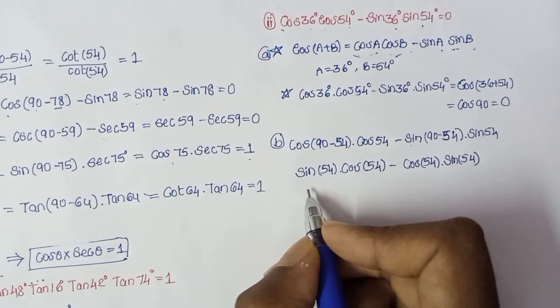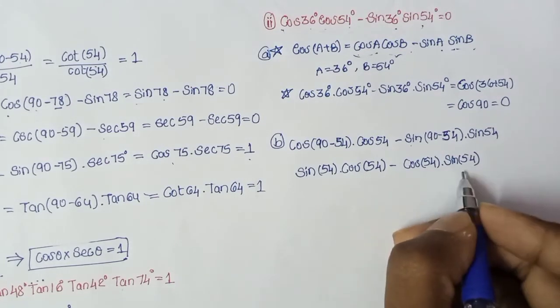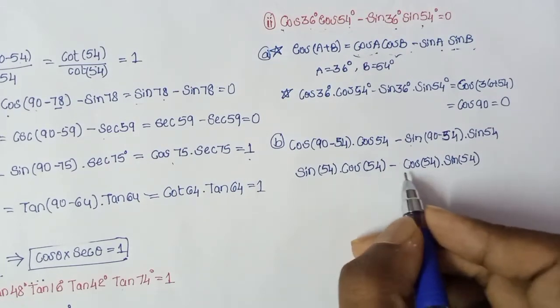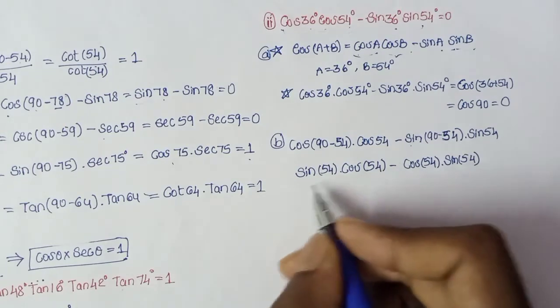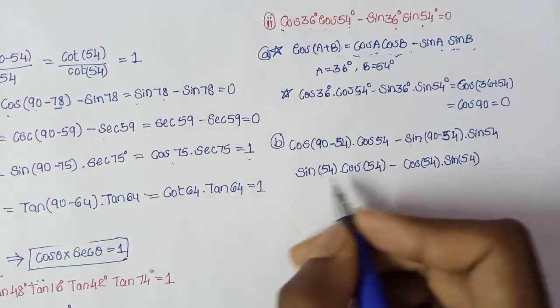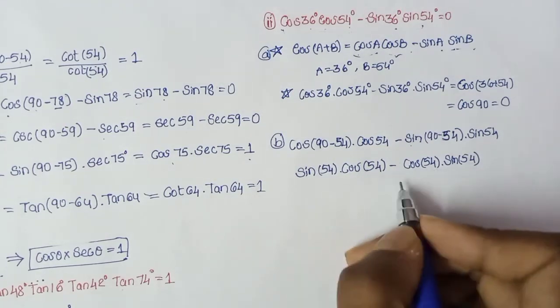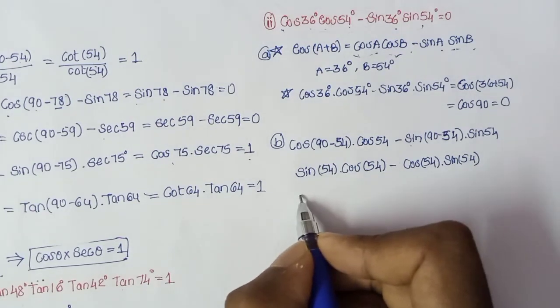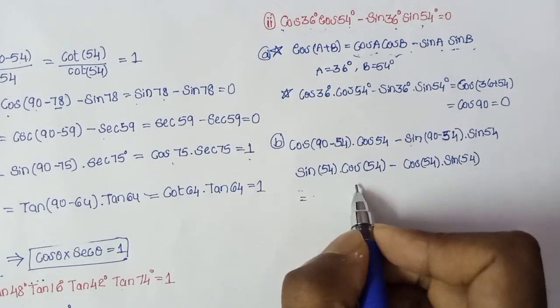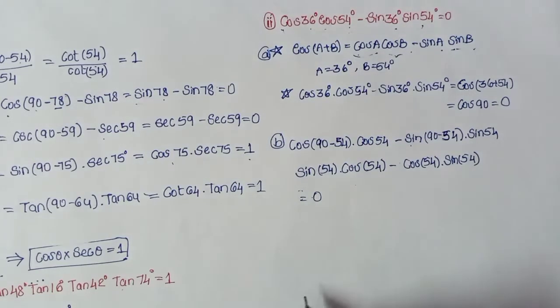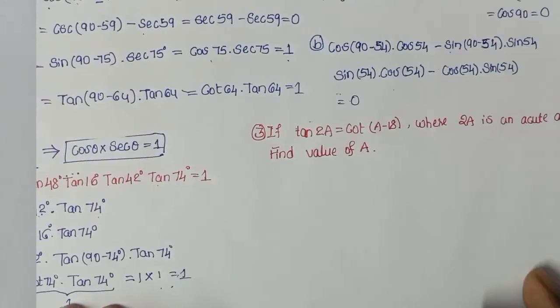That is sin 54 cos 54 minus cos 54 sin 54. These two values are the same. Something minus the same thing, a minus a or x minus x, is equal to 0. This is one more way of approach for doing this problem. Okay, we will see some more problems.